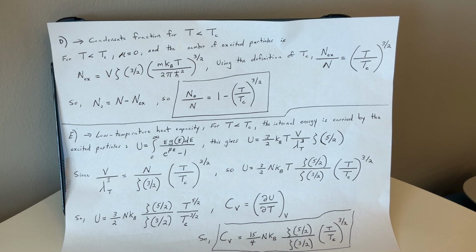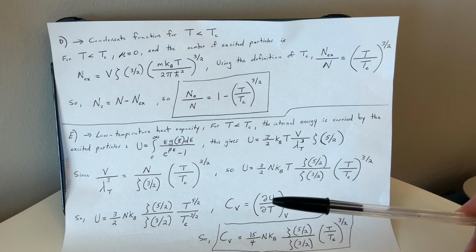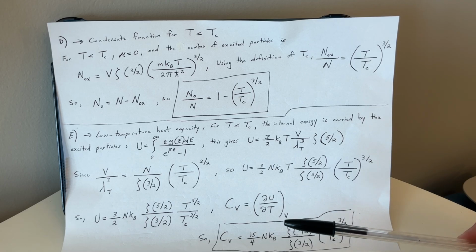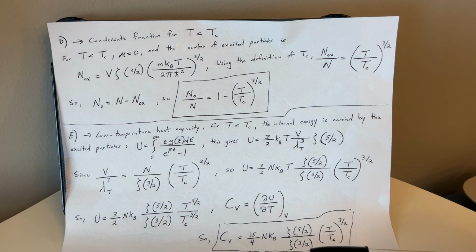So from here we have C_V equals the partial derivative of U with respect to T at constant V. So C_V is going to equal 15/4 N k_B zeta 5/2 over zeta 3/2 times that T over T_C raised to the 3/2.